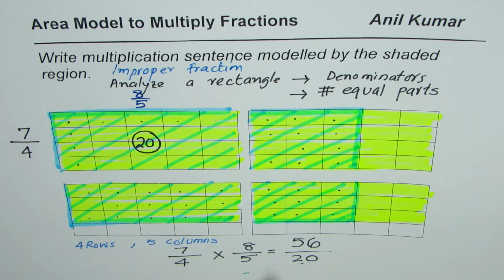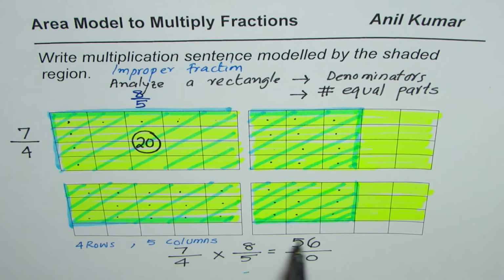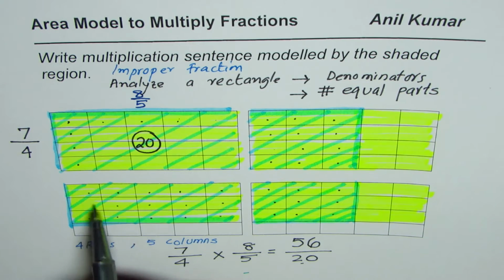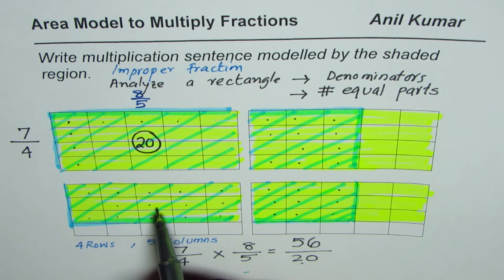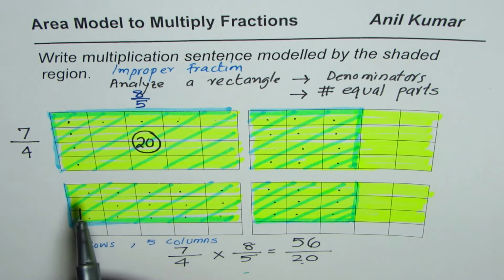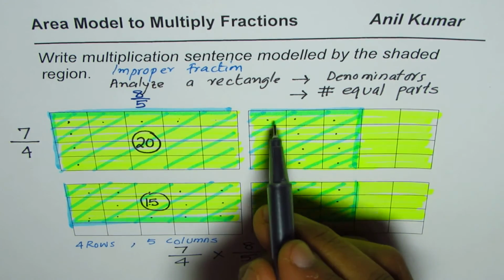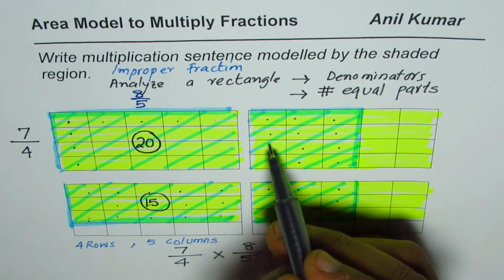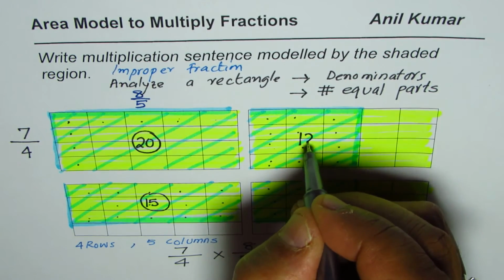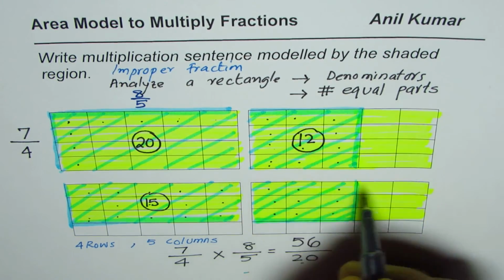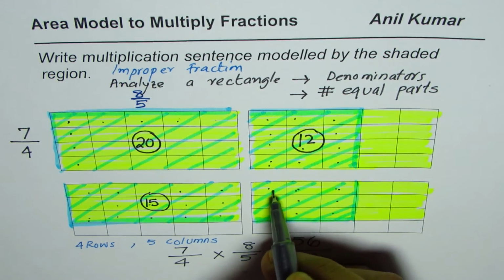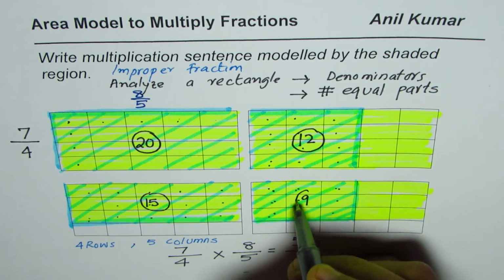So what you get here is the multiplication sentence. Another way to get 56 is to count each individual group and add them up. Here we have 5 times 3, which is 15. Here we have 3 times 4, which is 12. And here we have 3 times 3, that is 9.